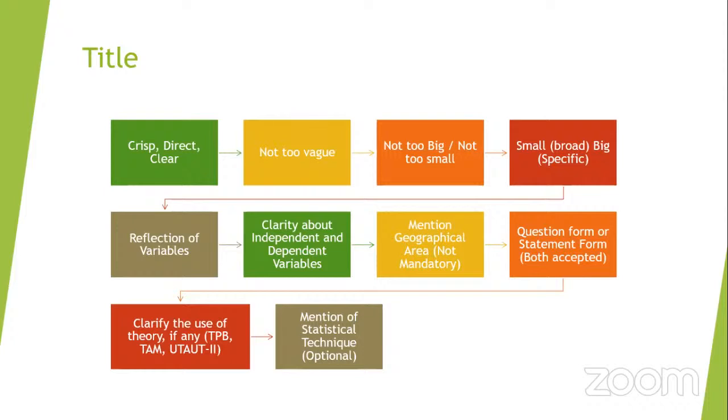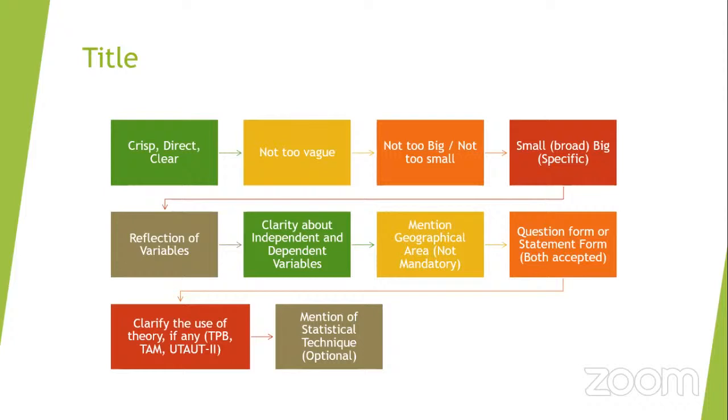Reflection of variables: your title should reflect the variables, like impact of ease of use on customers' adoption of technology. This is a topic reflecting the variables. Clarity about independent and dependent variable: impact of A on B shows that A is independent and B is dependent.